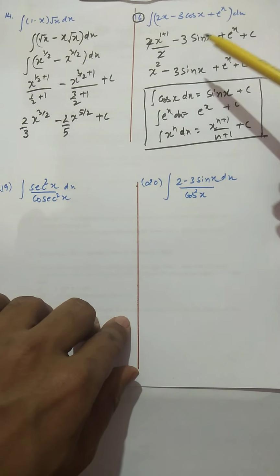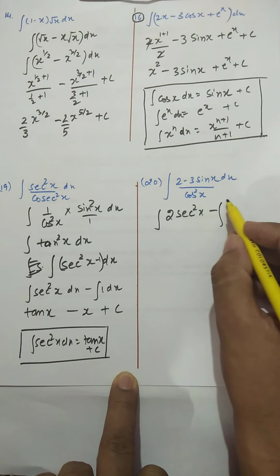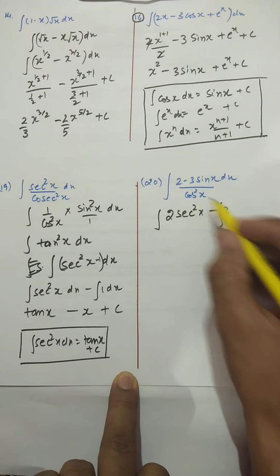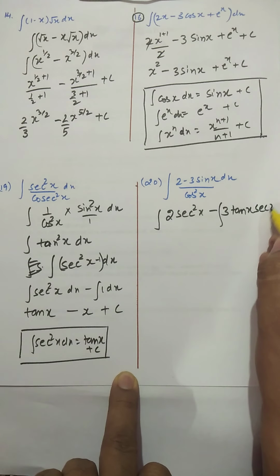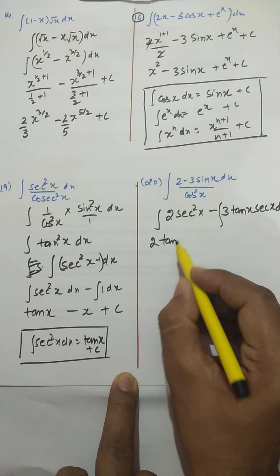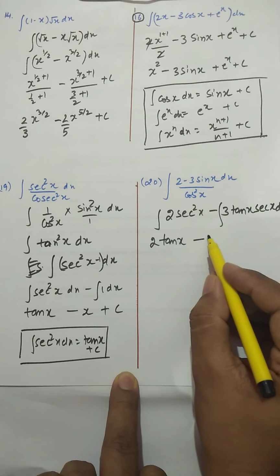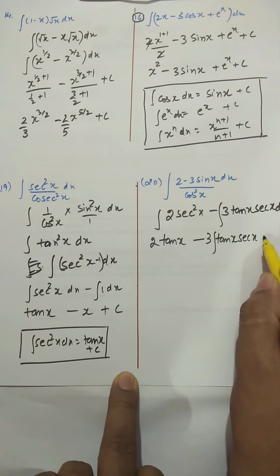We may use another formula similar to this. You can write the 2 times 1 upon cos square as sec square x, and the 3 times sin upon cos as tan x, and 1 upon cos as sec x, dx. So for the 2, you have seen this formula: sec square integrates to tan x. And the 3 you can take out: tan x into sec x dx.